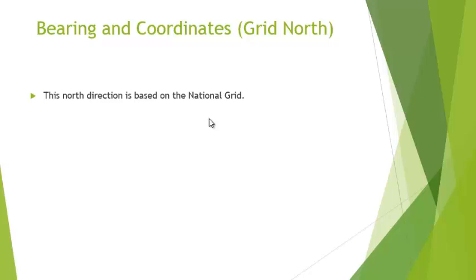Imagine that these curved lines are flattened, forming grid straight lines. Therefore, the grid north will be all the lines on the surface pointing upwards.